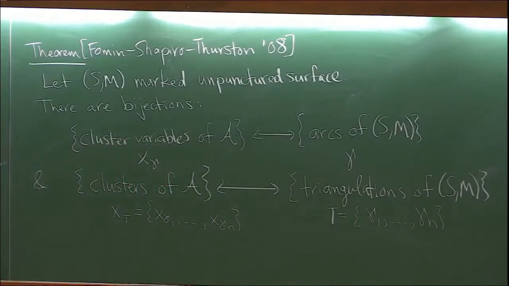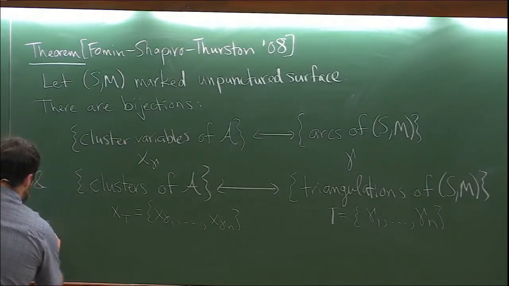Okay? So furthermore, like in these pictures, these are all unpunctured, I can flip these arcs, or I can mutate these corresponding quivers. Okay? And that's the same operation. Okay, that's an exercise I gave you last time to show that these are the same.